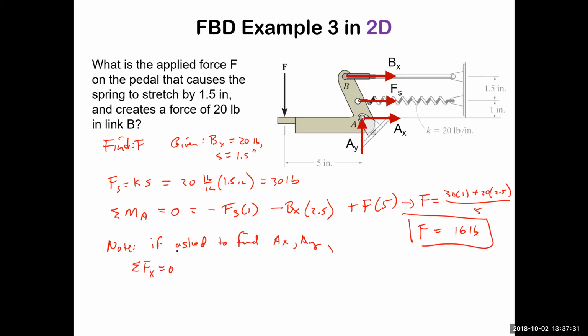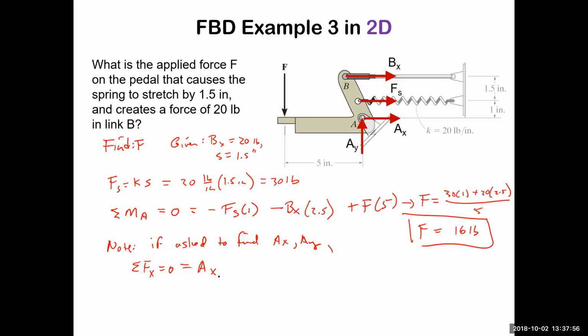A lot of people just start writing equations, and when I'm looking at it, it's hard for me to know what your equation is supposed to be representing. So I want you to write sum Fx equals 0 when you solve these. Okay, people are laughing. This is how you create neat solutions that I can track a lot easier.